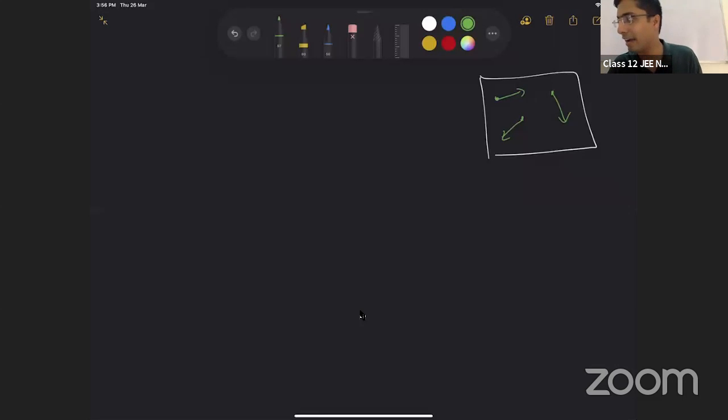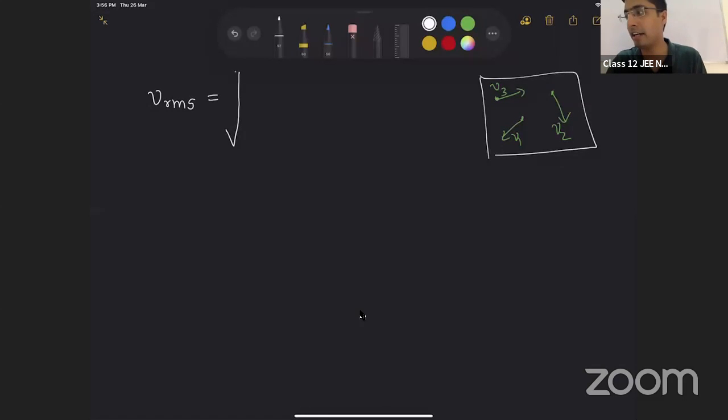Which means this may have a different velocity V1. This may have a velocity V2. This may have a velocity V3, correct? But if you want to associate one velocity with the gas, because at the end of the day, the entire gas is in one container, which velocity will you use? So the velocity that we will use for a gas is the Vrms. What is Vrms?